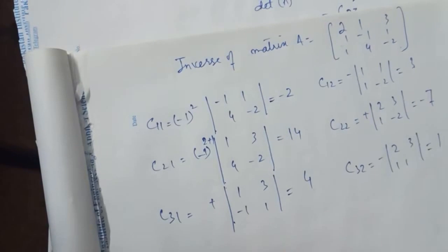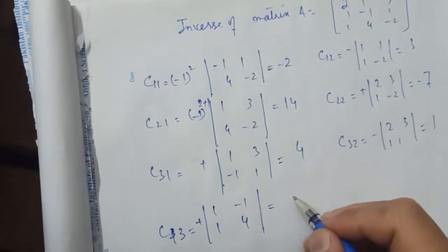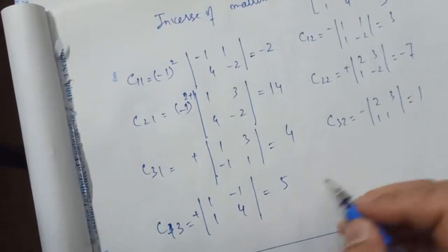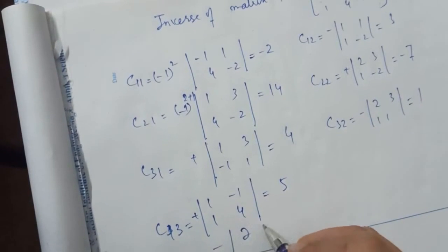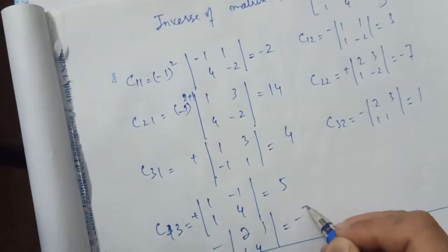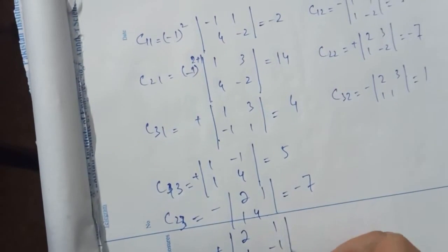Similarly, C13 is equal to plus 1 minus 1 1 4, and that is equal to 5. Similarly, C23, sorry, my bad, minus 2 1 1 4 is equal to minus 7, and similarly C33 is equal to plus 2 1 1 minus 1, right?